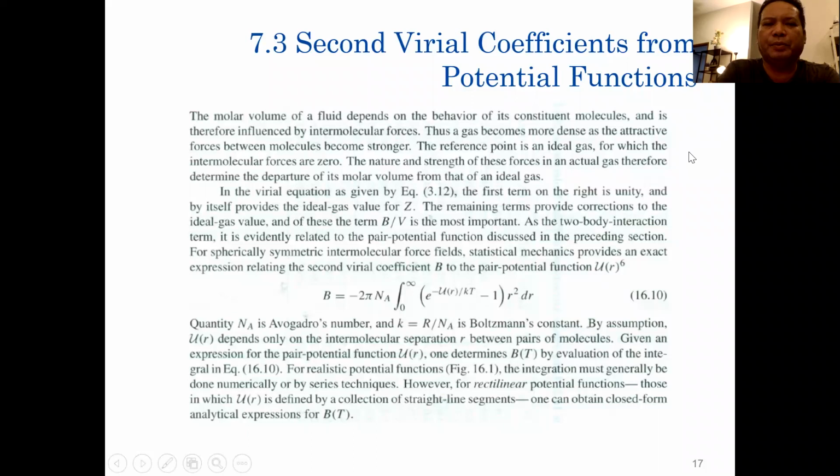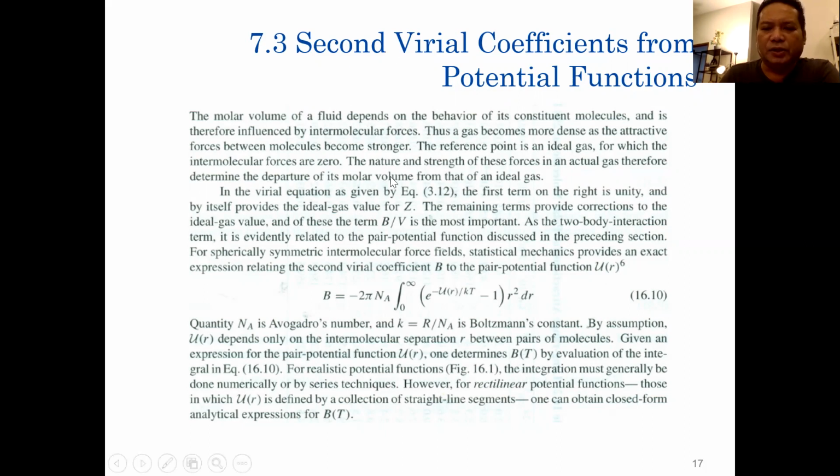The next section will be on second virial coefficients from potential functions. The molecular volume of a fluid depends on the behavior of its constituent molecules and is therefore influenced by intermolecular forces.